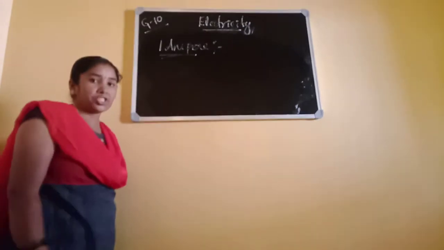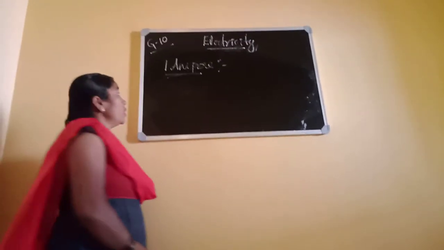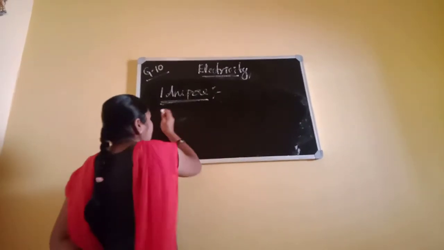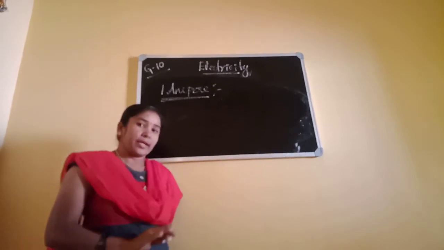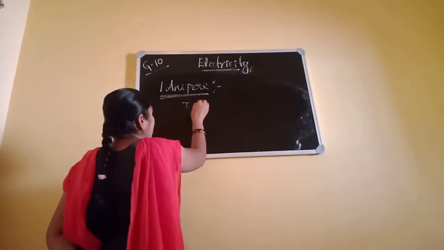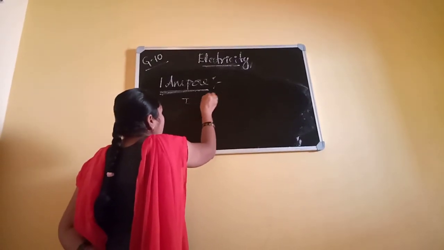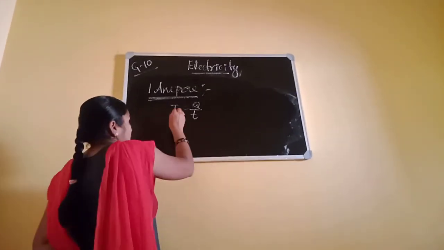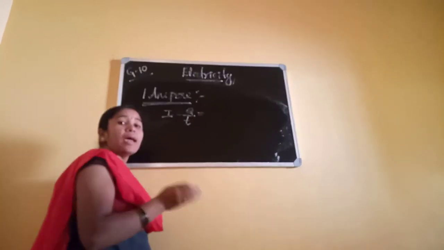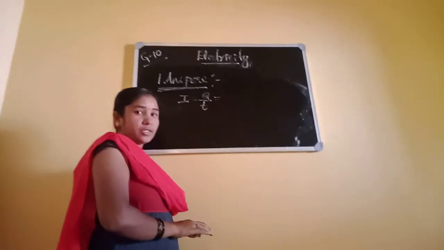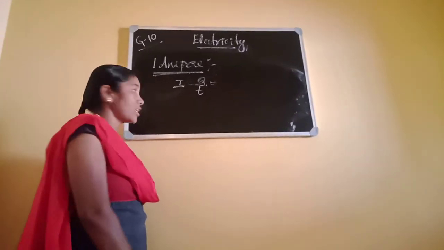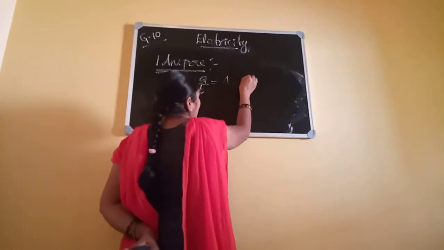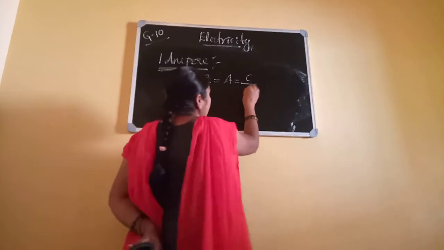It can be asked in the examination. Before defining this, you have to write the formula of electric current first. I is equal to Q by T. Then you have to write this formula in terms of SI units: ampere is equal to coulomb by second.